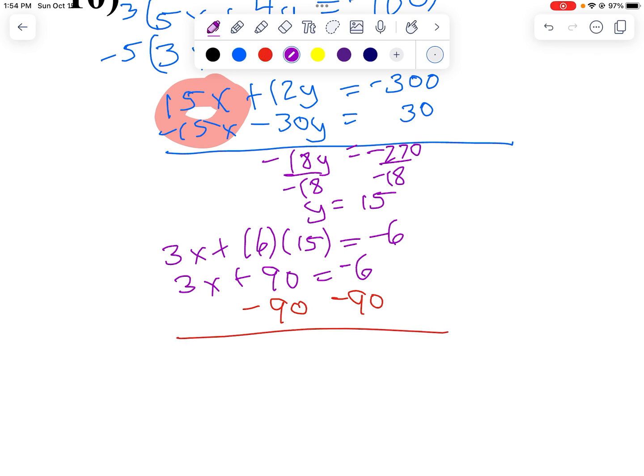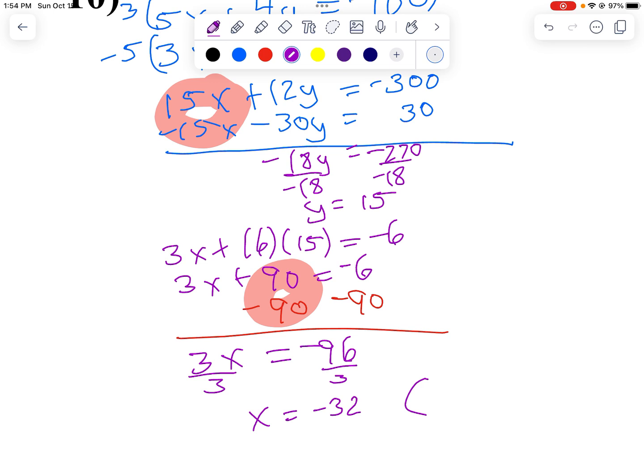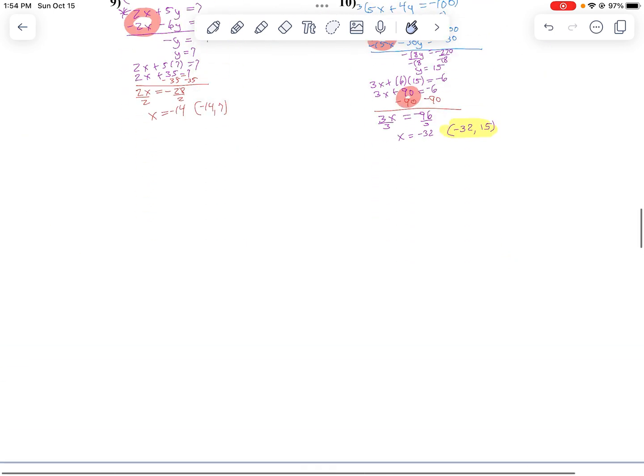So we bring down the 3x. My 90s cancel out, and I get negative 96. We'll divide by 3. X is negative 32. Notice on both my elimination problems, I started off with something kind of ugly, but I ended up with nice whole numbers. Negative 32 and 15 is what we should get for a solution there. And that's it for that page.